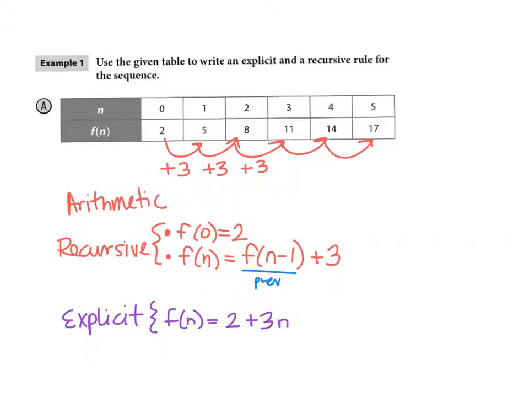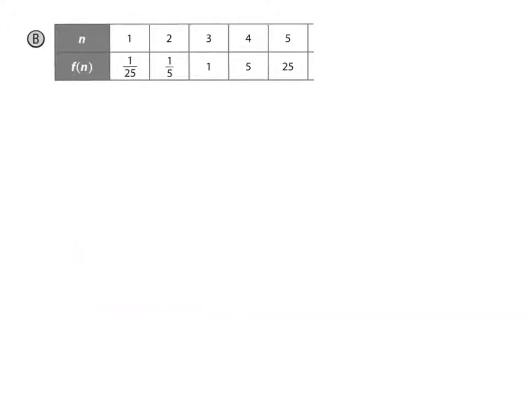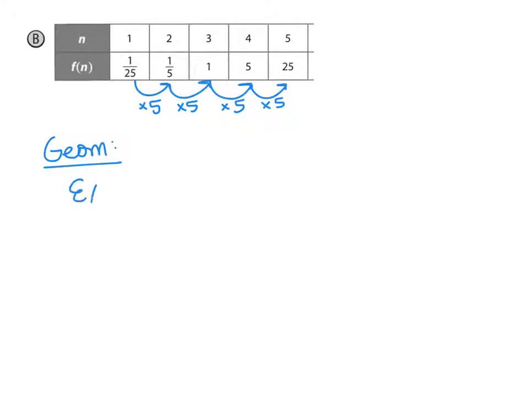Let's look at one that may be geometric. All right, so on this one, if we try to see what's happening, here each time we are multiplying by 5. You may not notice that at the very beginning, but you notice it as you get to the end of the table. So this is going to be geometric because it's multiplication. Actually, let's do the recursive first.